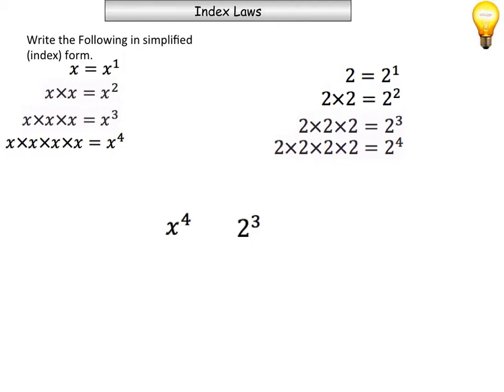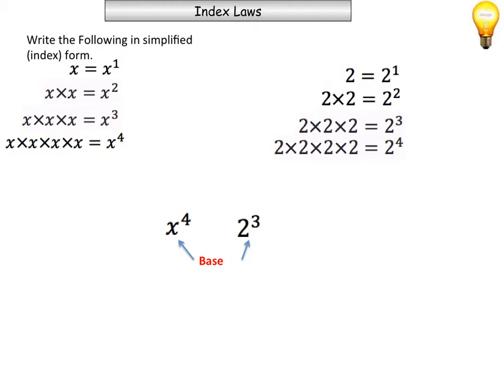The next thing we need to do is understand a few things about an index. So we have a base, and for this one, x is our base. For this one, 2 is our base.